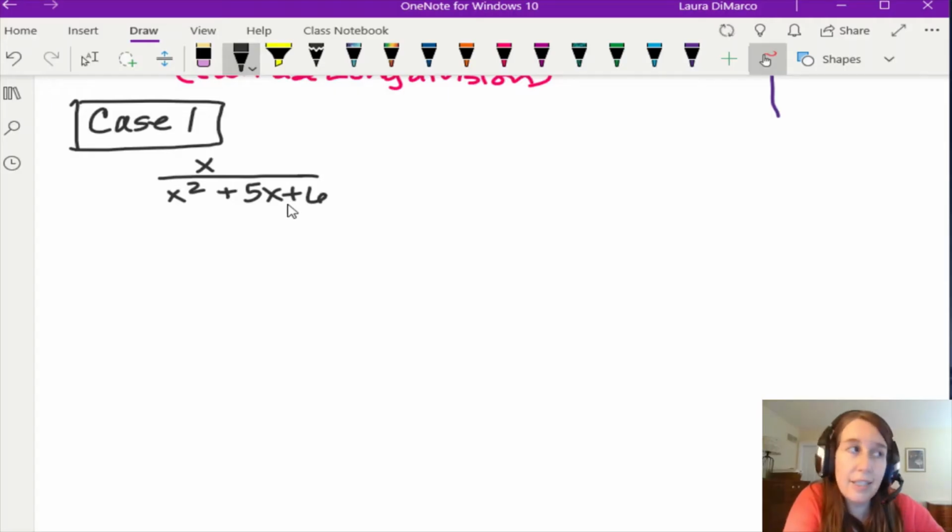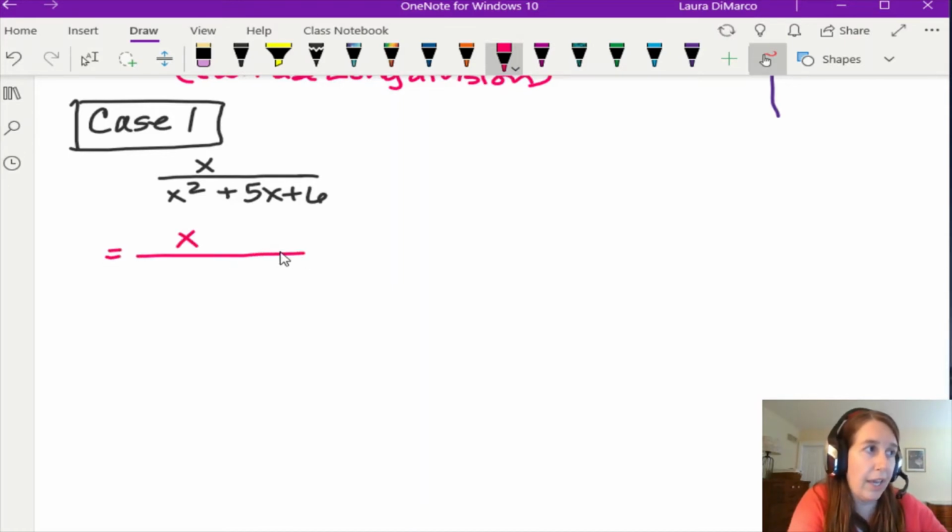Want to break this down, decompose it into smaller rational fractions that would add to be that final answer. So what we want to do to start is to see if this can be factored. The first thing we want to do is say, well, let's see, x, and then can the denominator be factored?